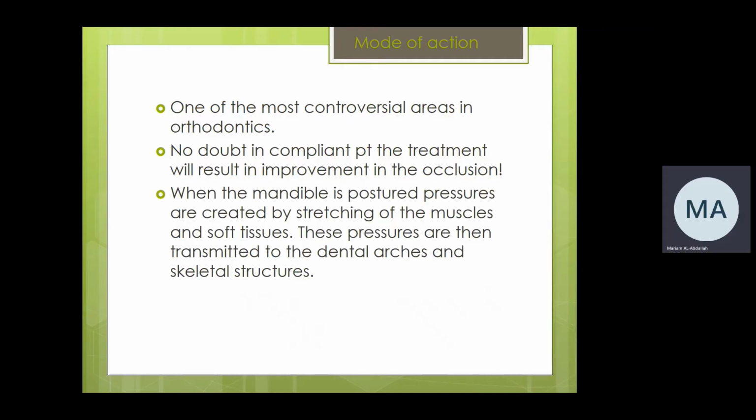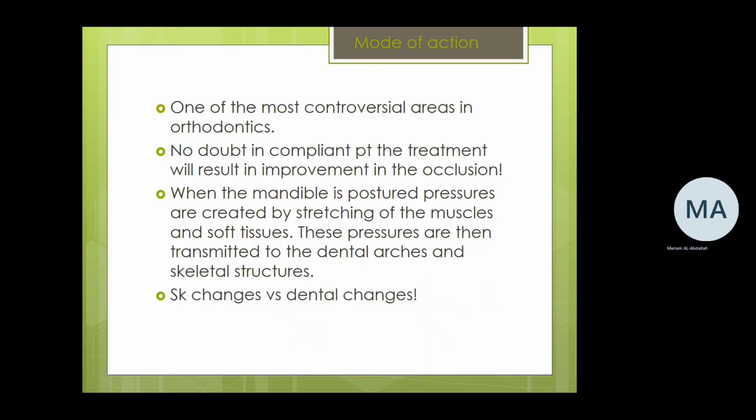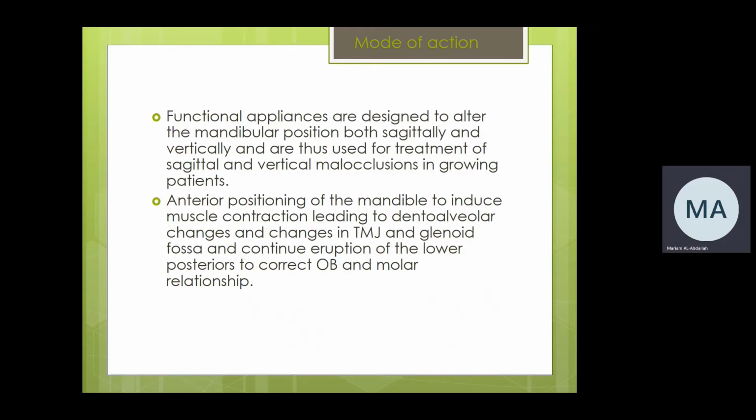But what happens is that when you stretch the muscles and you bring the mandible forward, you will have stretching of muscles, fascia, soft tissue, and periodontium. And this pressure will generate forces that will be transmitted to both teeth and bone, maxilla and mandible. So we will have some skeletal changes and some dental changes.